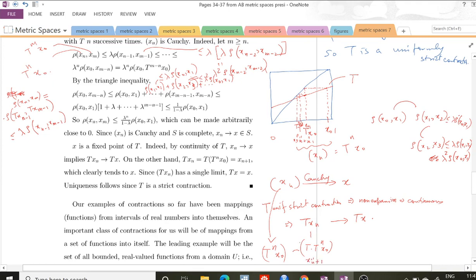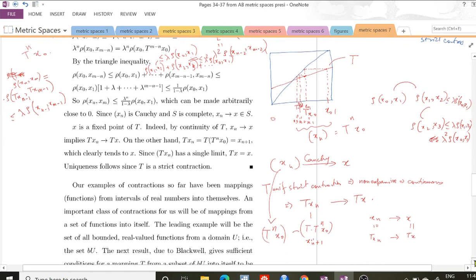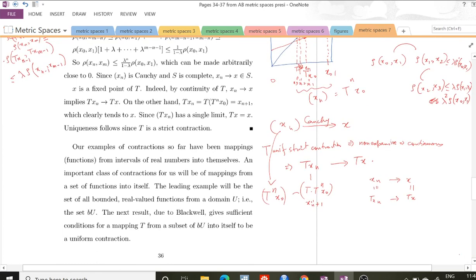So a sequence converges to a unique limit. So xn and Txn are essentially the same sequences. So these two limits must be the same. So x must be equal to Tx, that is, x is a fixed point of T.